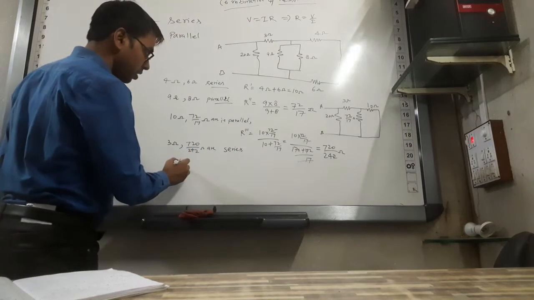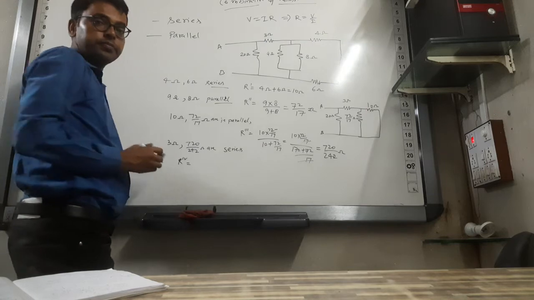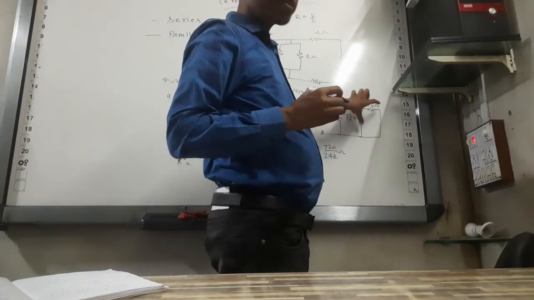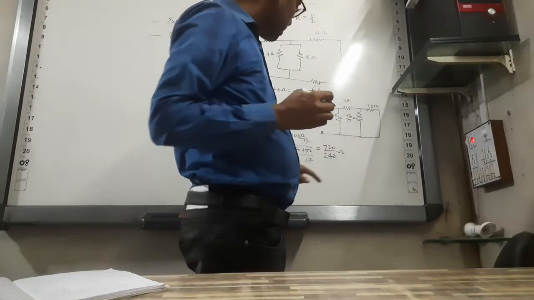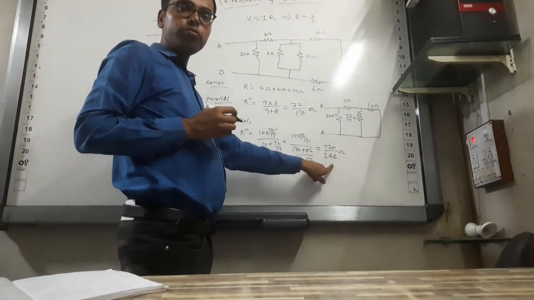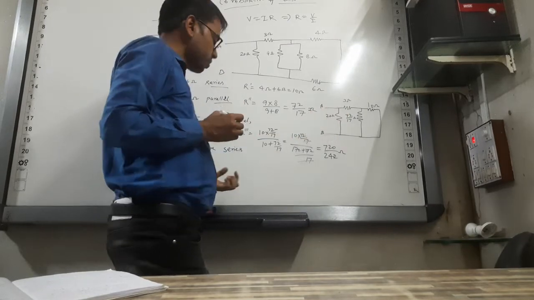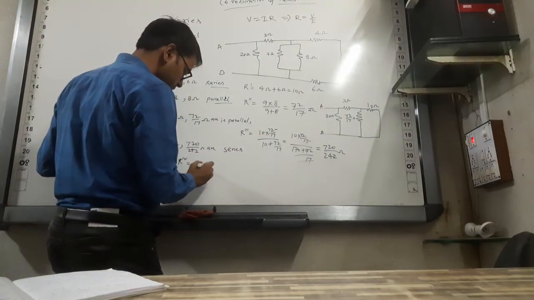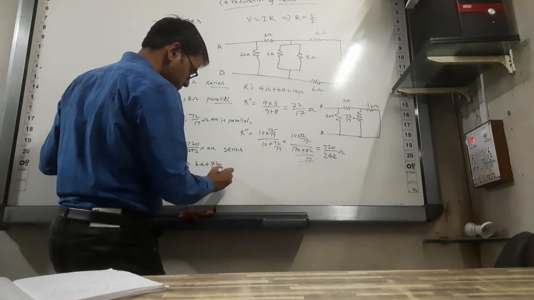Then R4 becomes 3 ohm plus 720 divided by 242.